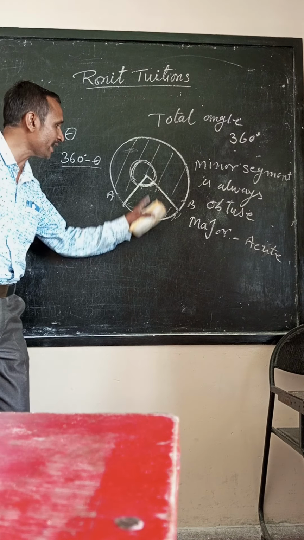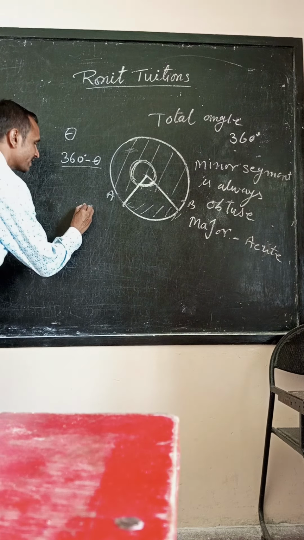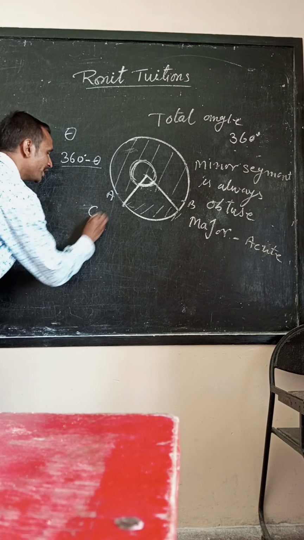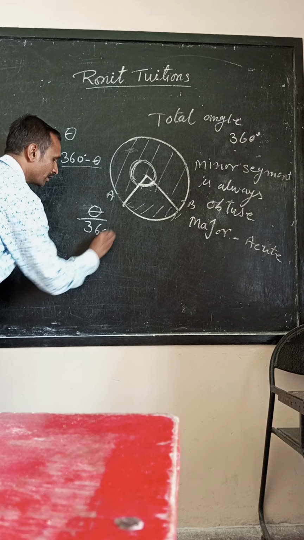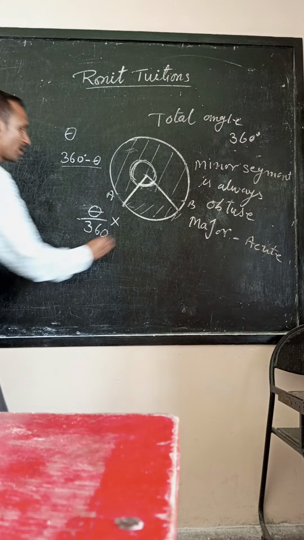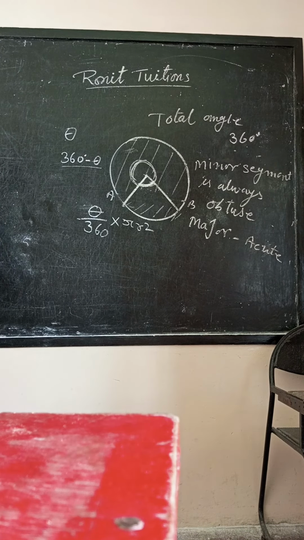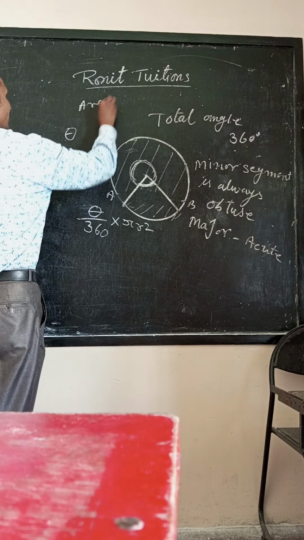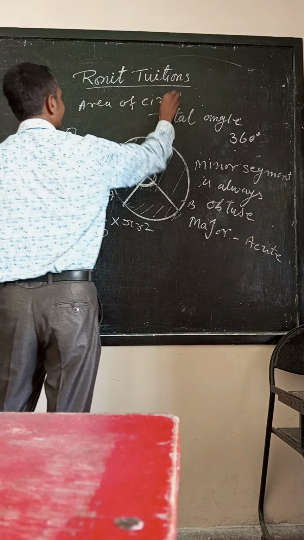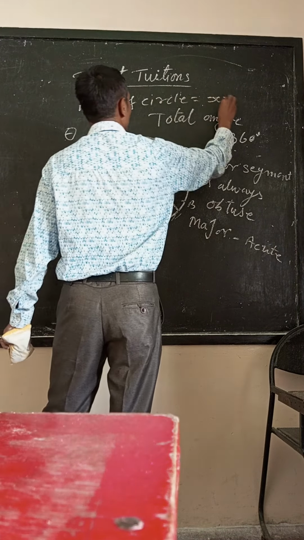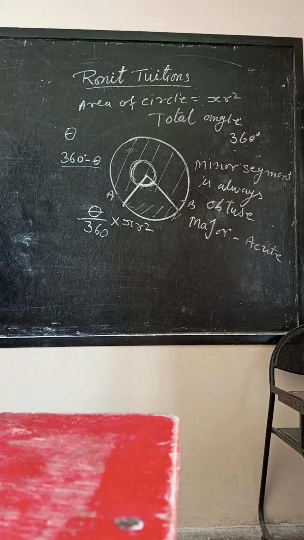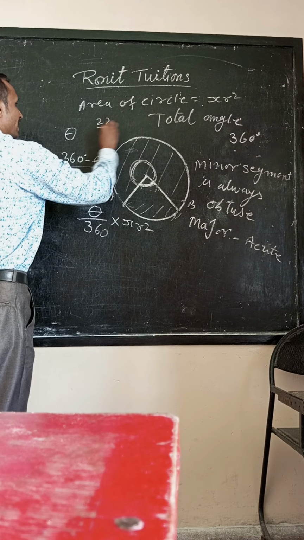So how do we find the area of the sector? The area of the sector will be theta by 360 into pi r square, because the area of a circle is always pi r square. If pi is not given, take 22 by 7.